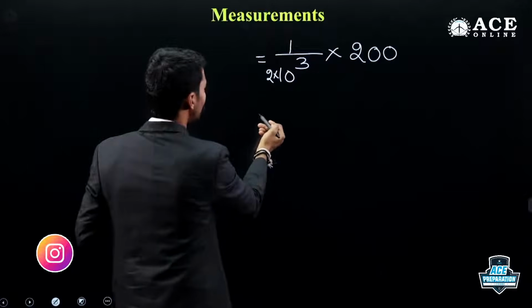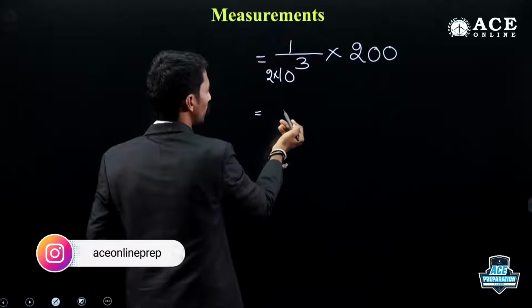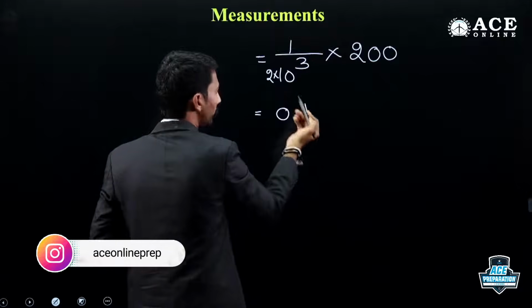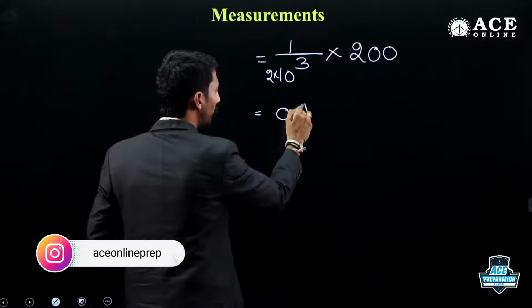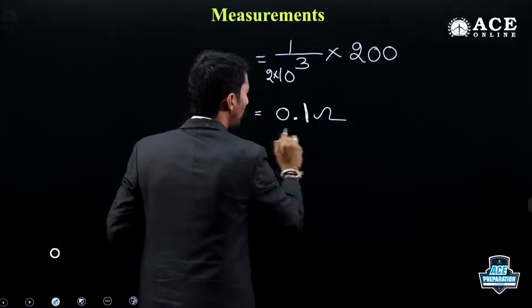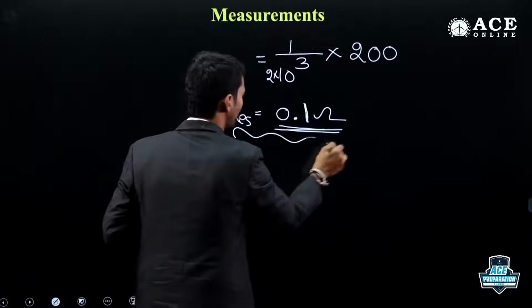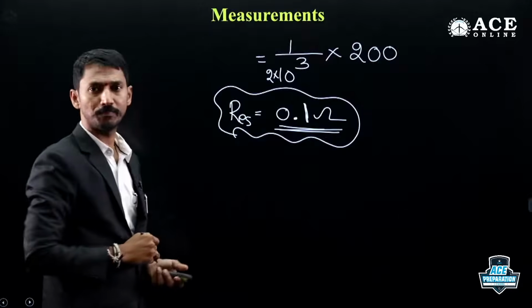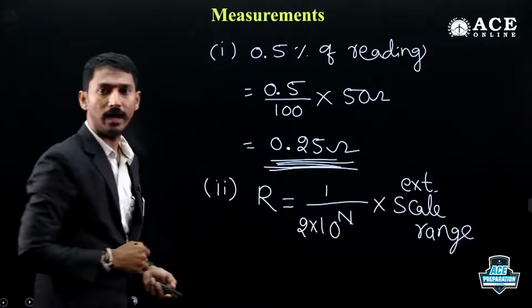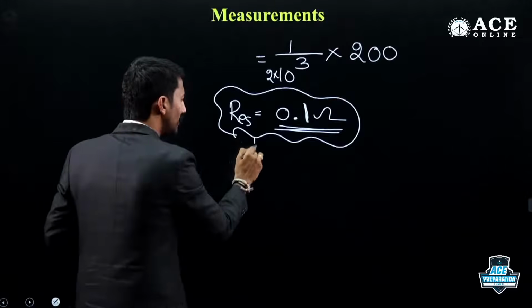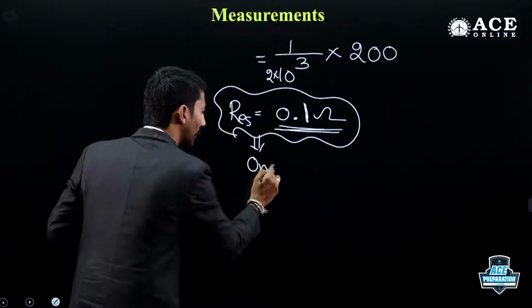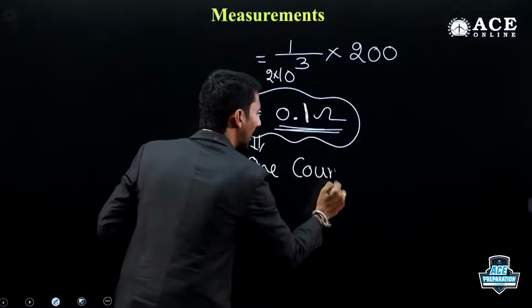Okay, now, sir, 200 by 2000, you will have 0.1, right? What is this 0.1? Of course, resistance, 0.1 ohm. This is the resolution, resolution R. Sir, this resolution itself indicates one count value.